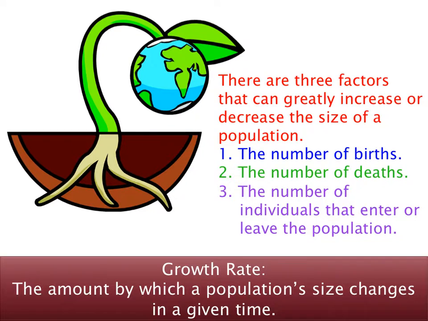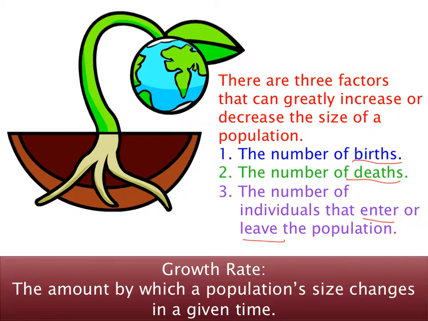The first is the number of births within the population, then the number of deaths, and then the number of individuals in that population that either enter or leave the population.